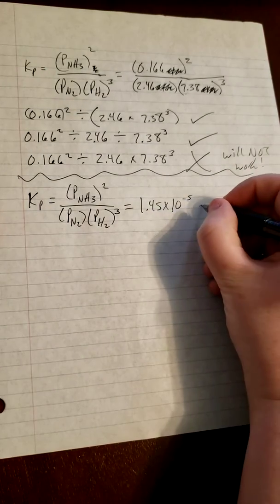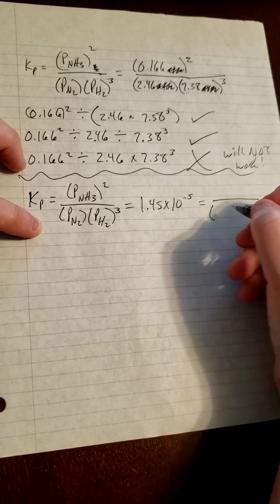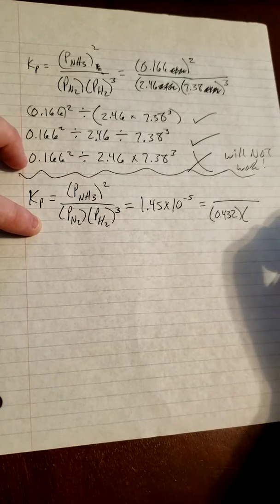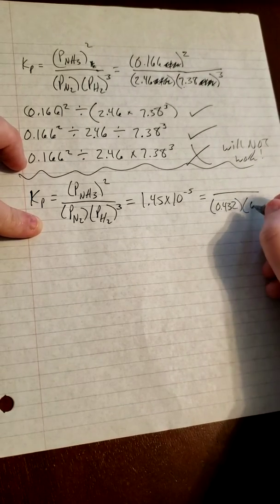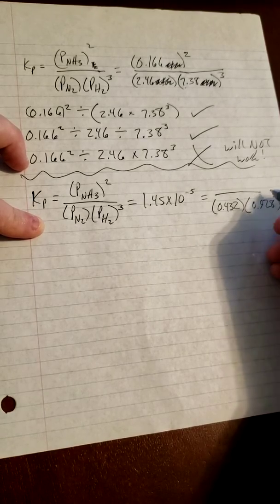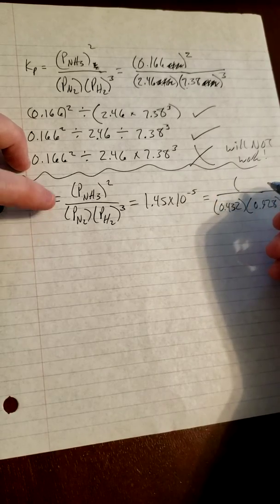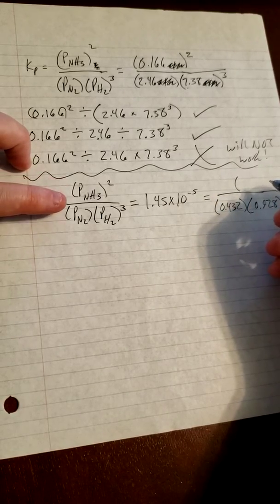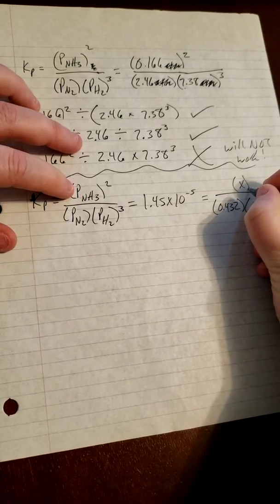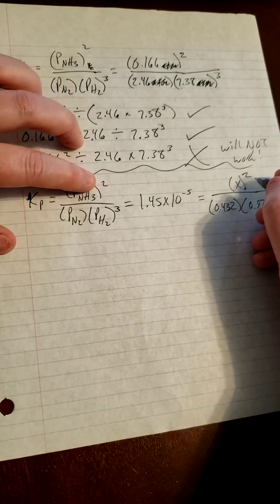We know the value for nitrogen: nitrogen is 0.432. We know the value for hydrogen: hydrogen is 0.928 cubed. What we don't know is the pressure of ammonia. But don't forget that that is X squared, because the square there, that's X squared.